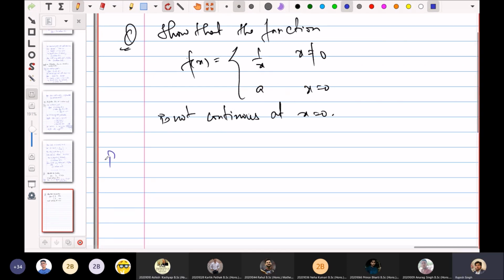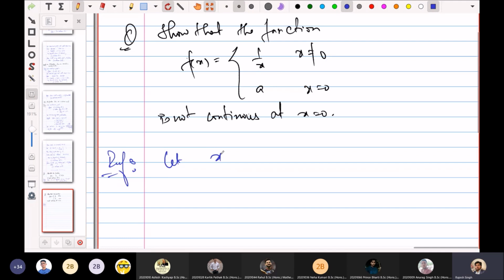So अगर sequential criteria use करना है तो you will have to give a sequence that converges to 0, but its corresponding sequence does not converge to f of 0, which is a. So क्या करोगे, what sequence will you take? 1 by n.